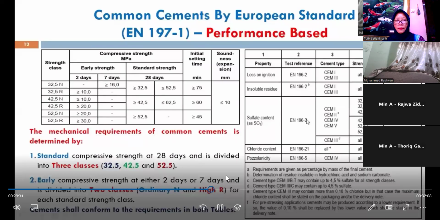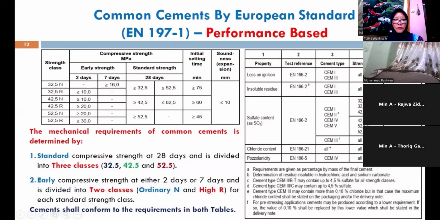And in this classification, the other table is according to the chemical composition, like CEM I and CEM III for all strength classes I mentioned before. Loss on ignition must not exceed 5%, and insoluble residue must also not exceed 5%. And for sulfate content, this is a very important part of this table.